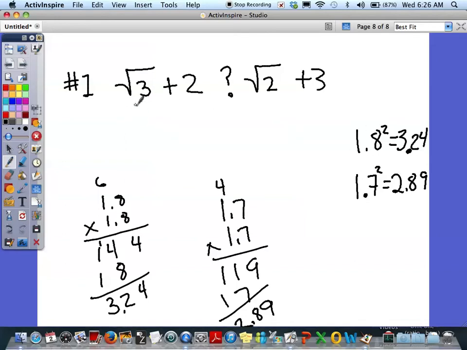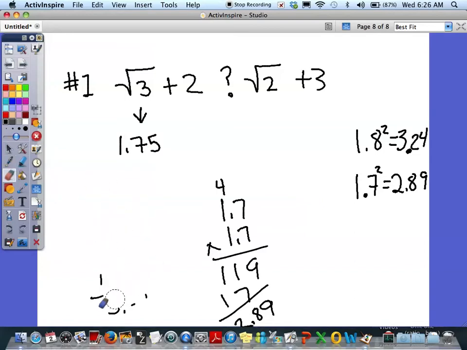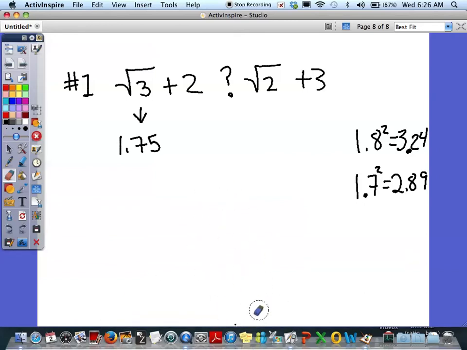So I'm going to round this off. I'm going to approximate this to be 1.75. And if you're uncomfortable with that, you need to go rewatch the last video because you've got to know how to do that for this lesson. So that's got to be between 1.7 and 1.8, so 1.75 is a good estimate.